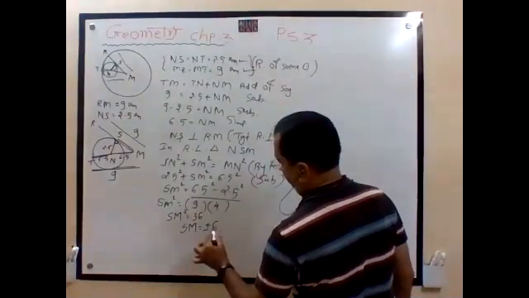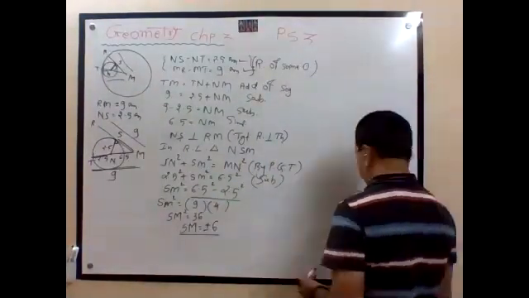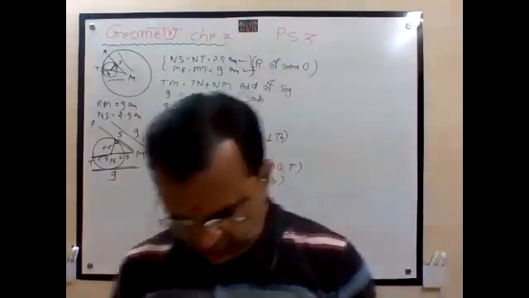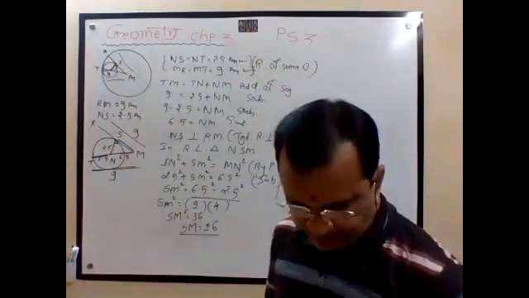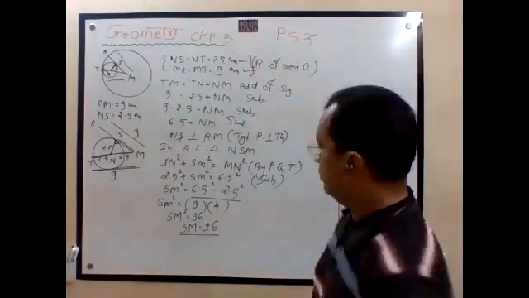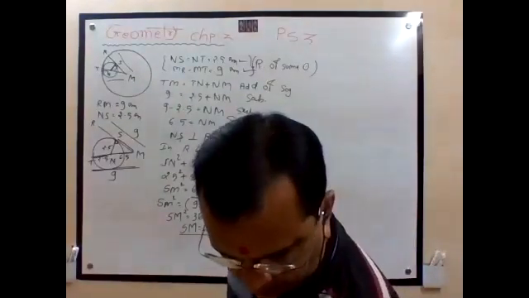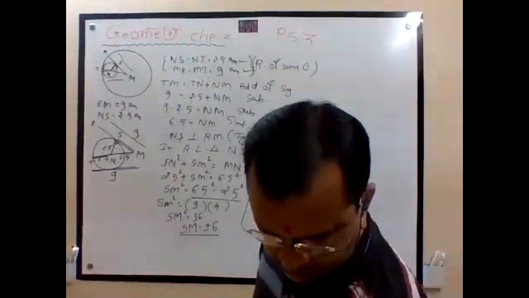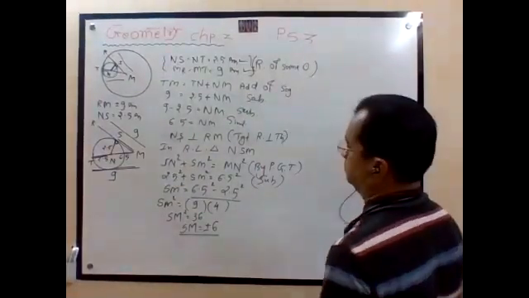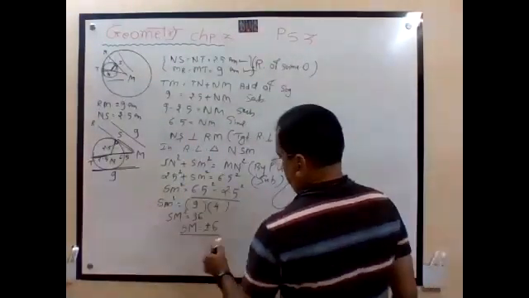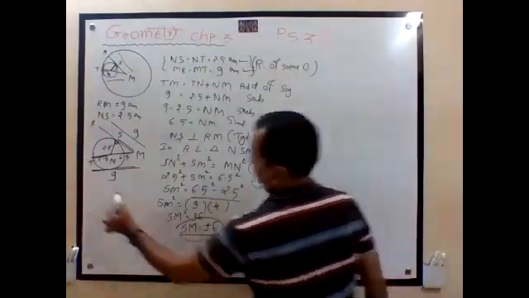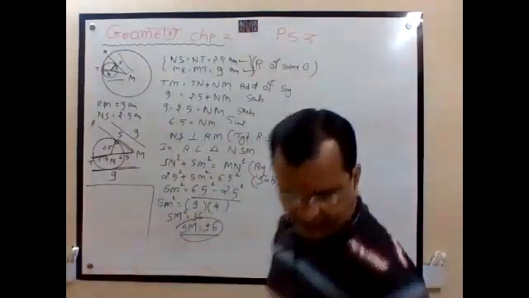SN is equal to plus or minus 6. But we have to take the positive segment. So SN is 6. So there are different questions.